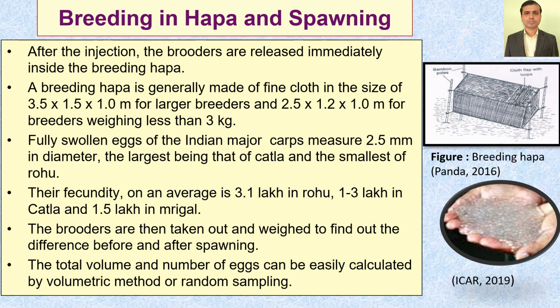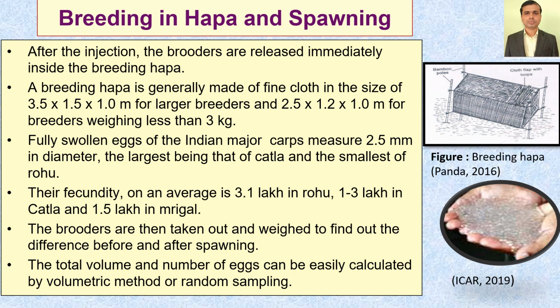The size of the egg from the same species of different brooders varies considerably depending upon the size of the brooders. Fully swollen eggs of the Indian major carps measure 2.5 mm in diameter, the largest being that of Katla and the smallest of Rohu.